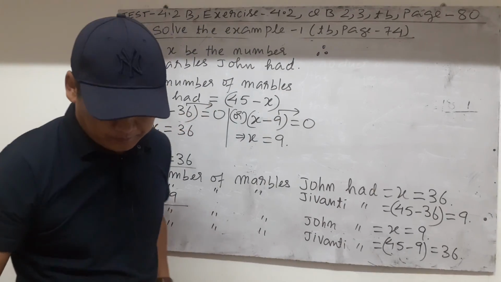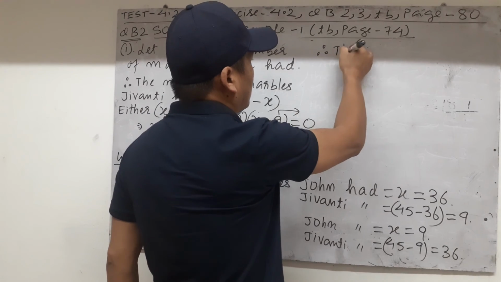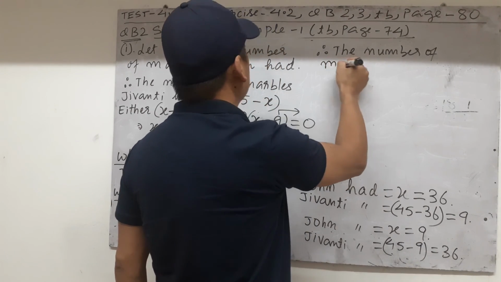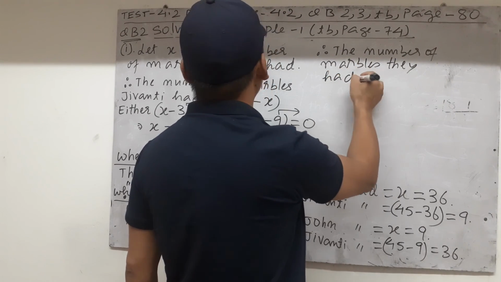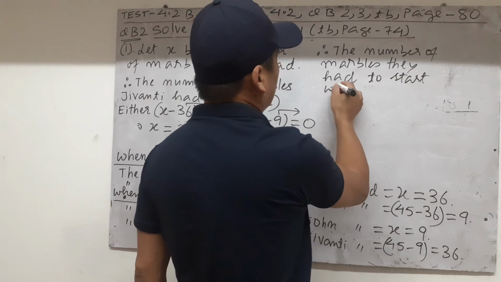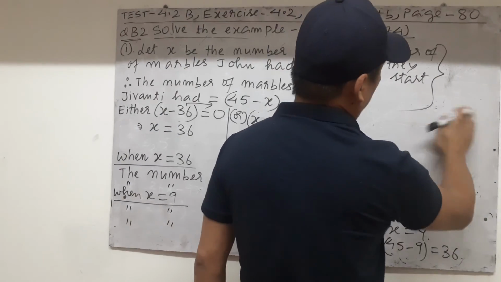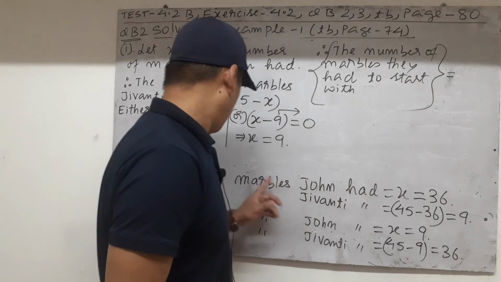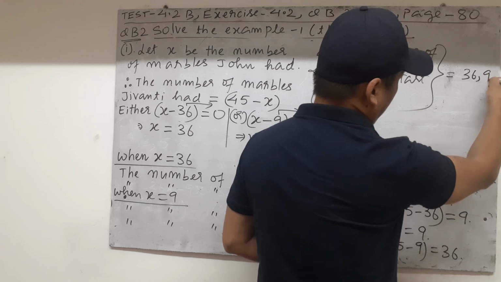Go back to the question. Therefore the number of marbles they had, meaning both of them had, to start with, without losing anything, will be equal to, when x equals 36, John had 36, comma, and Givanti had 9.